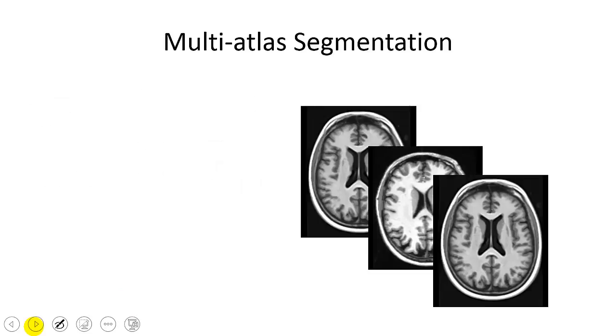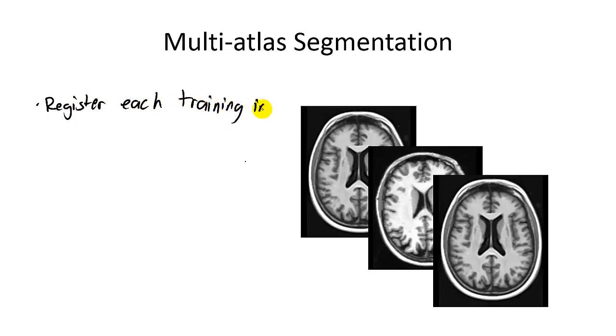Now, one thing that you can also do is directly use the training images. And this is what people actually do in multi-atlas segmentation. So here, we register each training image to our image.